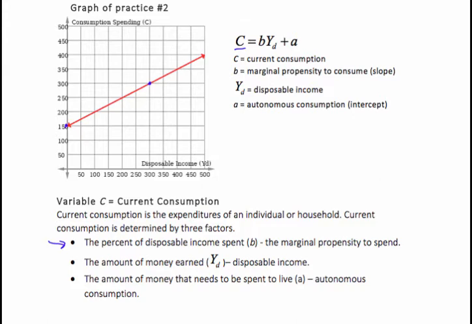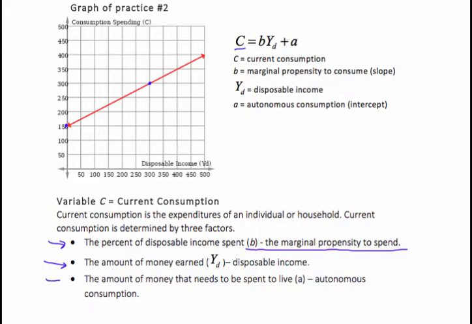So basically, any person or household tends to spend a certain percent of their income. So that's the marginal propensity to spend. The disposable income, y sub d, which we've seen a couple times now, is the amount of money earned after taxes. So after you've paid your taxes, whatever you have left, that's disposable income.